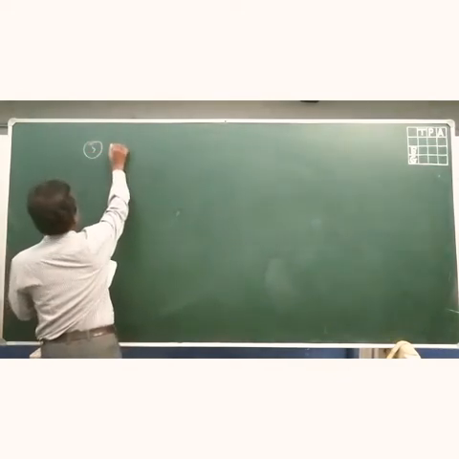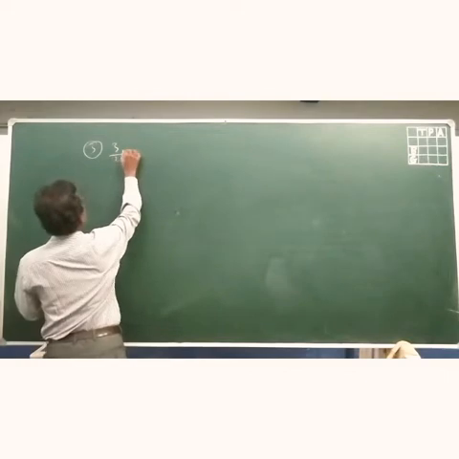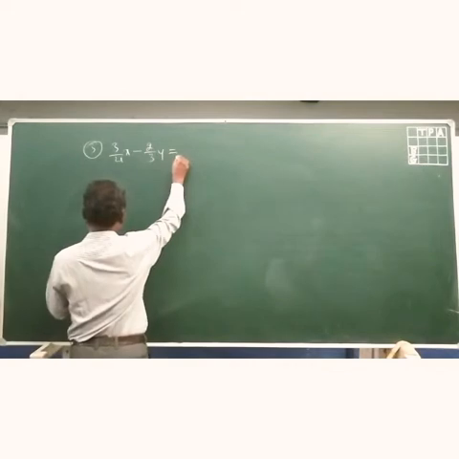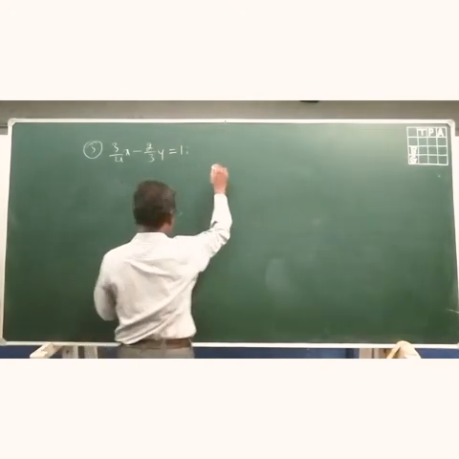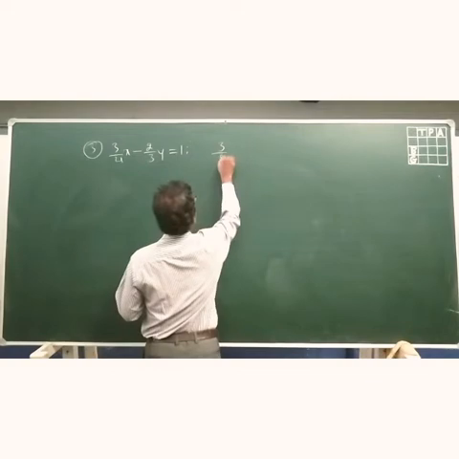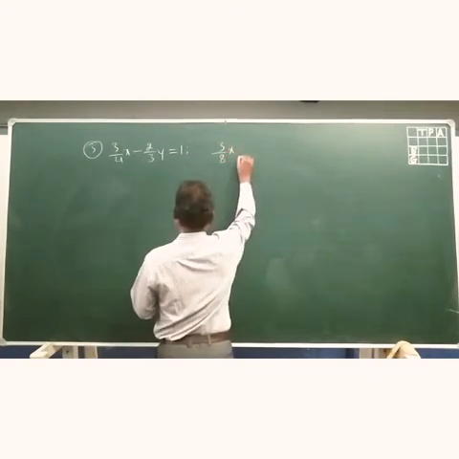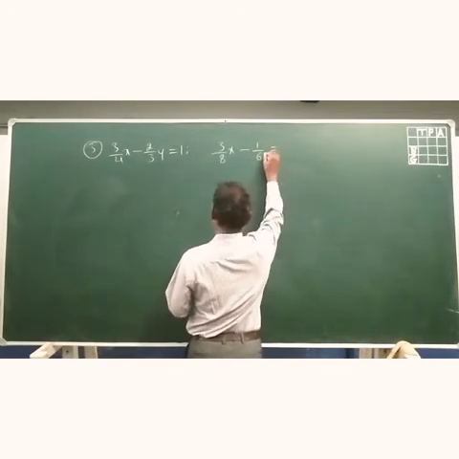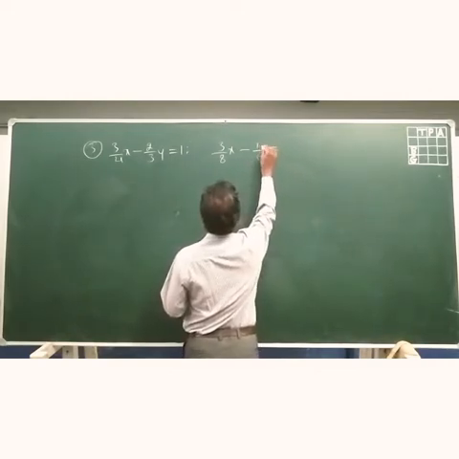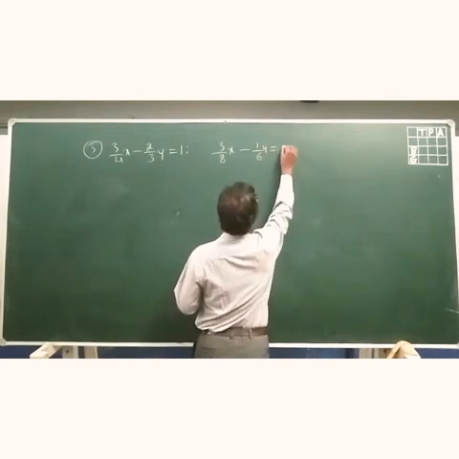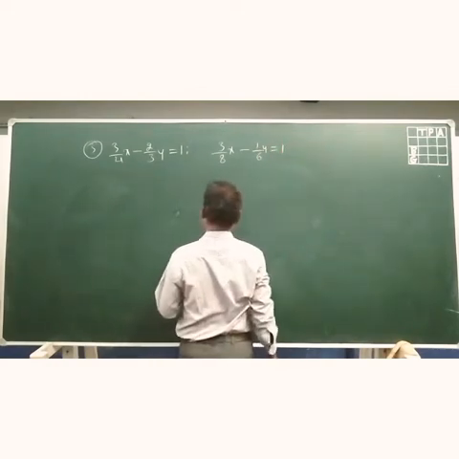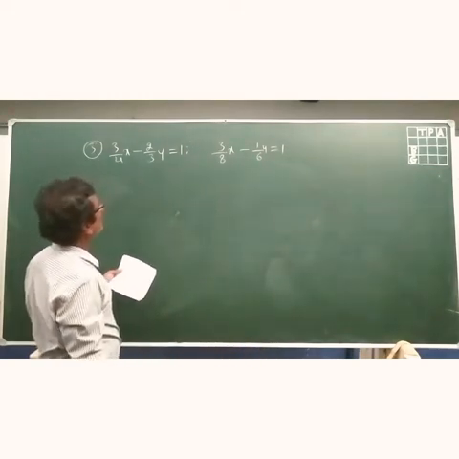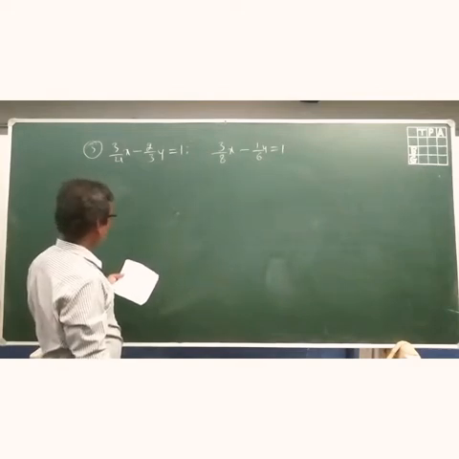It is 3 by 4 x minus 2 by 3 y is equal to 1, and the second equation is 3 by 8 x minus 1 by 6 y is equal to 1.